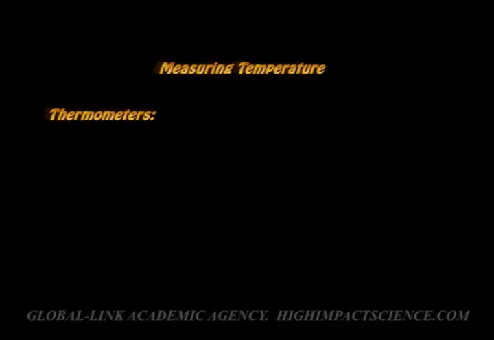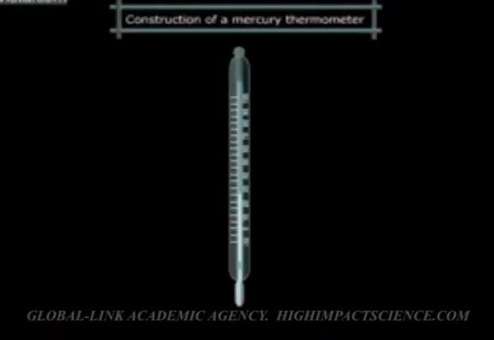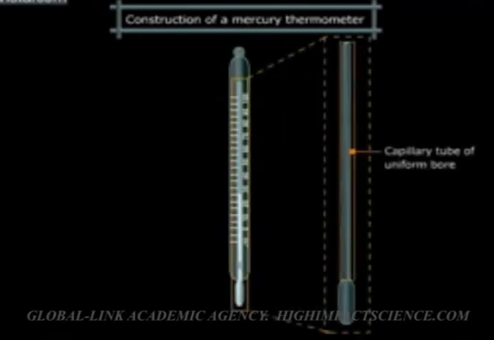Measuring temperature. The temperature of a body is measured using an instrument called a thermometer. A liquid like mercury or alcohol is used, and hence the name liquid in glass thermometer. A mercury thermometer consists of a thin glass capillary tube of uniform bore.